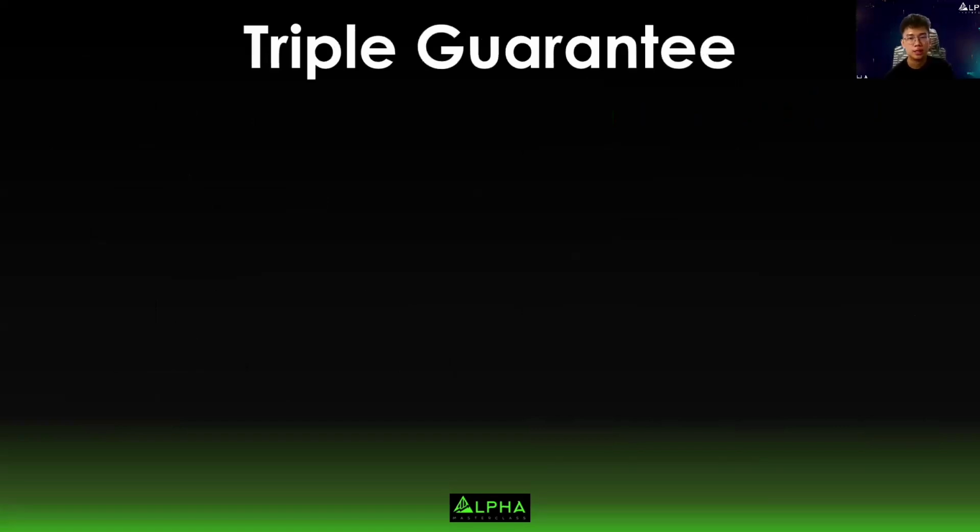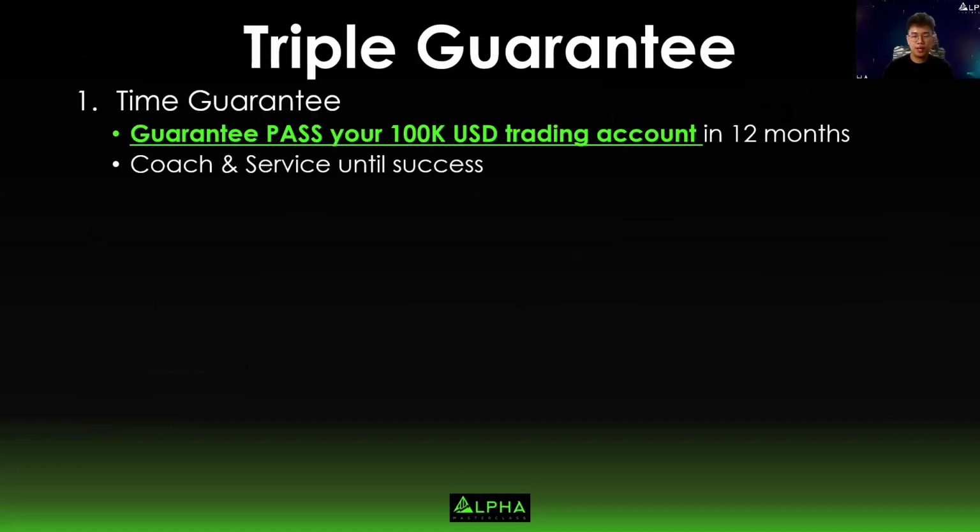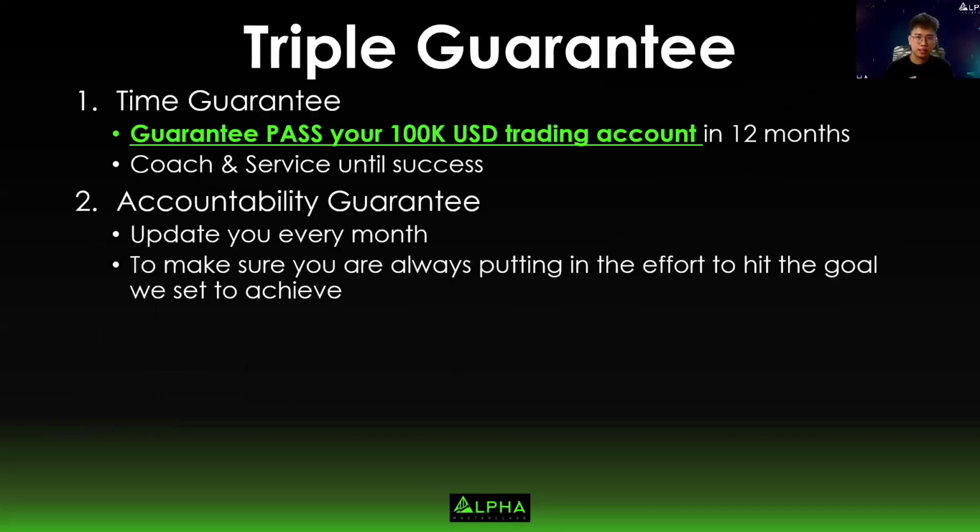So what is triple guarantee? We value your time, so we give you a time guarantee. We will guarantee you to pass your 100,000 profit account in the next 12 months. If not, we'll coach you until success. We'll give you accountability guarantee, which is we will update you every single month, and even right now we are doing it every single week to make sure that you are always on the right track, putting the right effort and the right tools to move on and to achieve the targets.